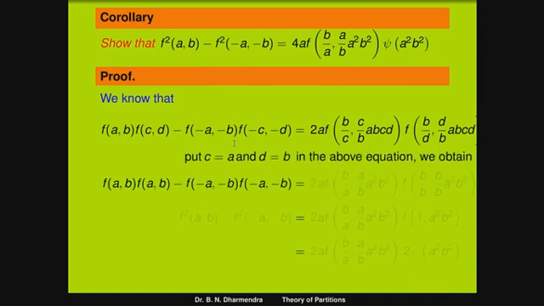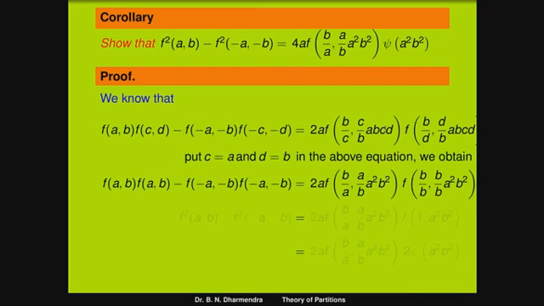We obtain f(a,b) into f(a,b) minus f(-a,-b) into f(-a,-b) after the replacement of c by a and d by b, equal to the right hand side 2a times f(b/a, a/b) a squared b squared.